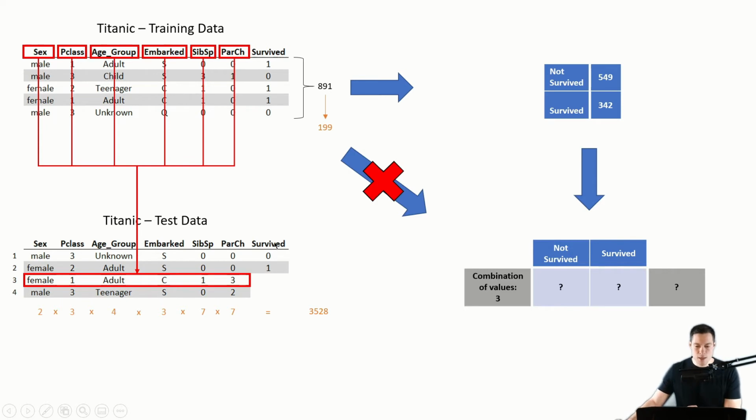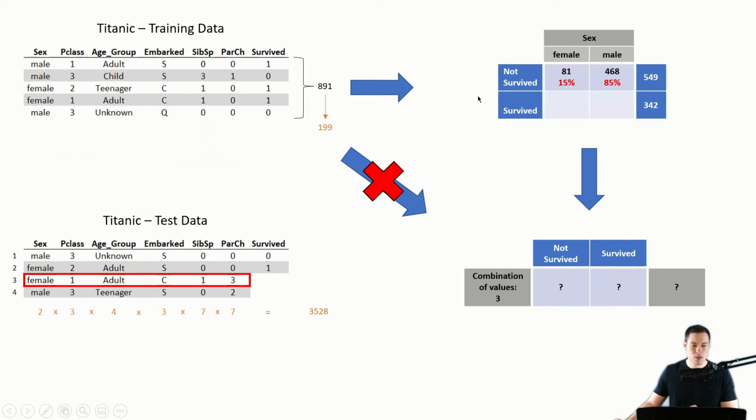So let's now start with estimating how many of those 549 non-survivors we would expect to have the same combination of values as test passenger three here. And therefore, as just said, we need the general patterns with respect to each individual feature. So let's start with the feature sex here.